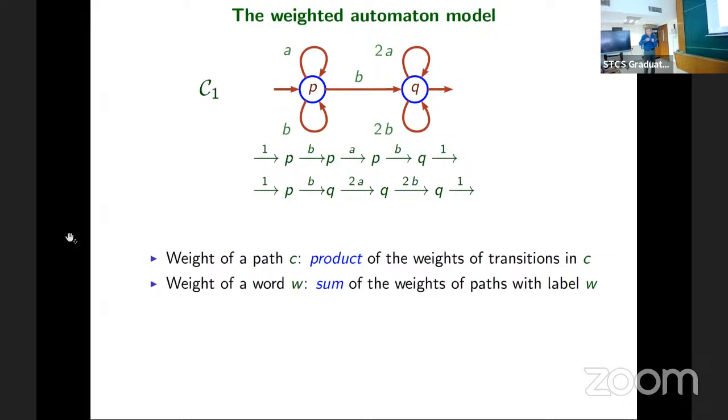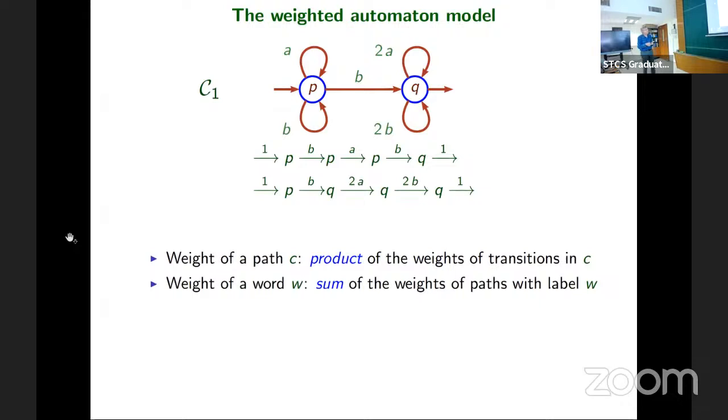It will be the product of all coefficients I see along the path. And the weight of a word will be the sum of the weights of all paths which have this word as label. It's exactly the same thing we did before for counting the number of computations. Just before, all the coefficients were 1.